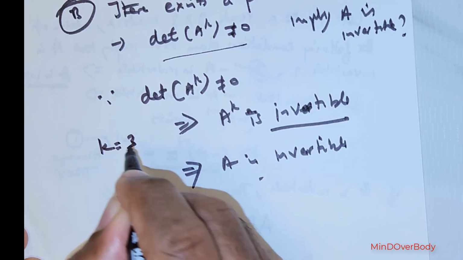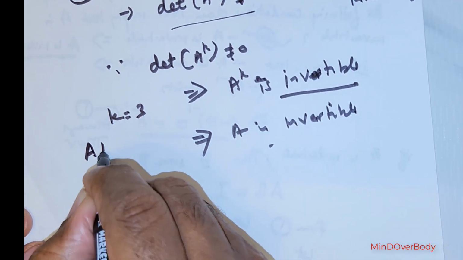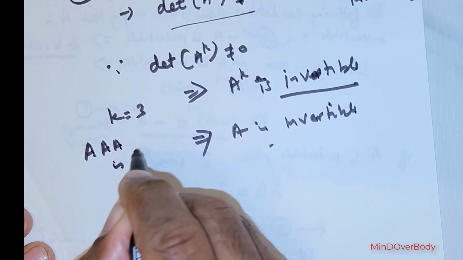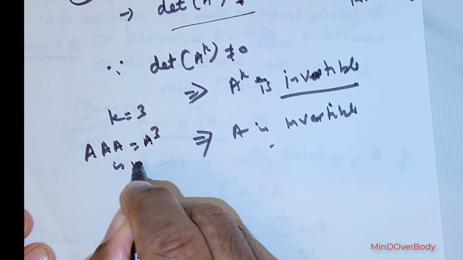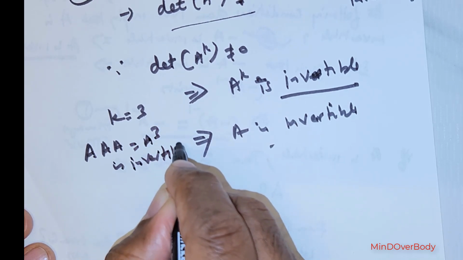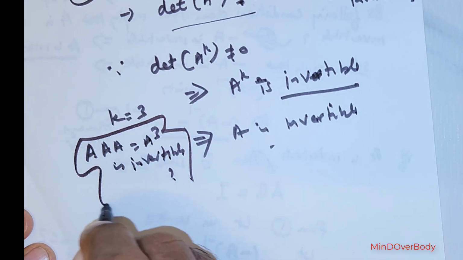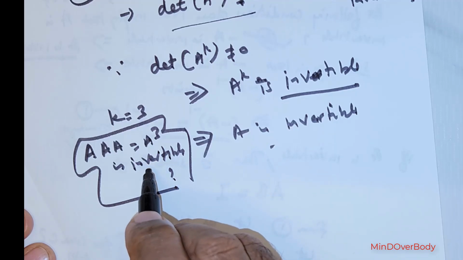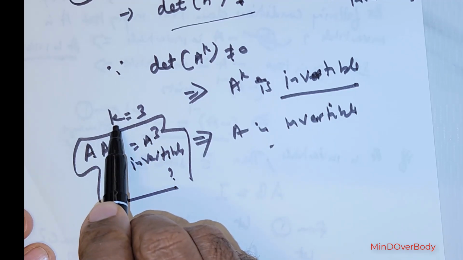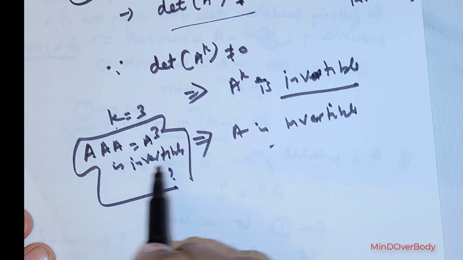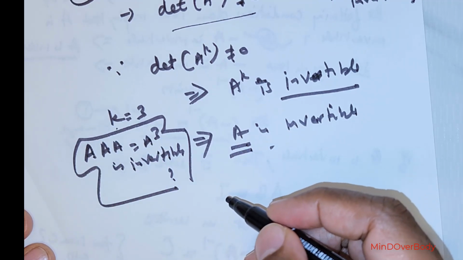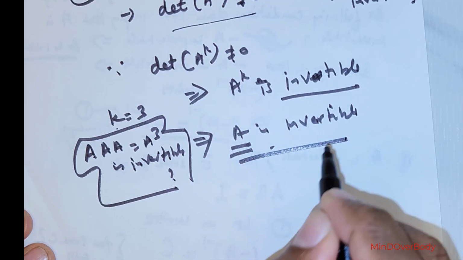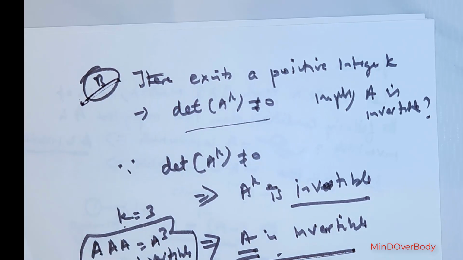Just because I take k equal to 3, there is no guarantee that A times A is going to be invertible, right? There is no guarantee for this. So whether A is invertible or not does not depend on the value of k. It depends only on the parent A. So if A raised to the power of k is invertible, then it means A is invertible. So this statement is also true.